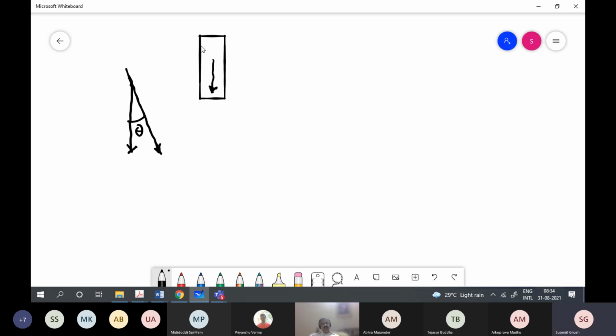So you have installed the sensor marking this as the axis, say z axis. But inside it, the sensor is a MEMS sensor. So the sensor inside the package is actually aligned along this. So then, if you have an acceleration AZ, the sensor will sense AZ cos theta.